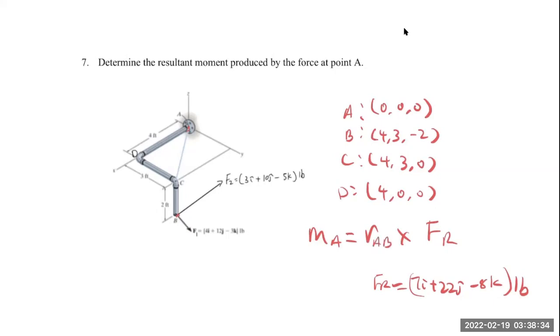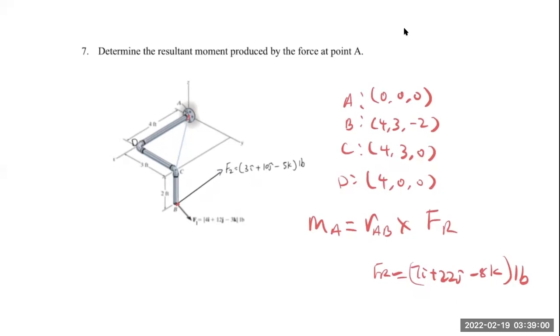Okay, did I make it clear? So for the moment of a force about a specific point, the R is always from where the problem is asking you to find the moment to where the force is acting. Okay, so this is extremely important, because this is the fundamental concept for this type of problem.